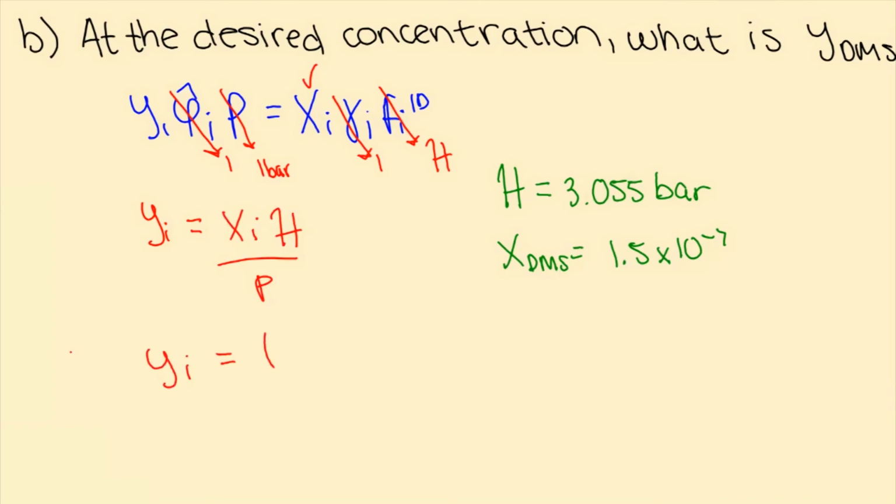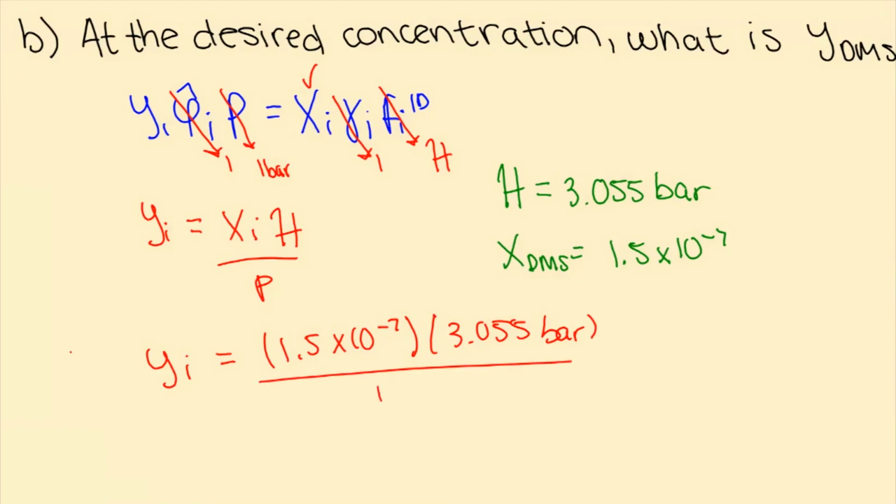Therefore, yi will be equal to 1.5 times 10 to the negative 7 times 3.055 bar divided by 1 bar, and y of DMS, our i component, equals 4.583 times 10 to the negative 7.